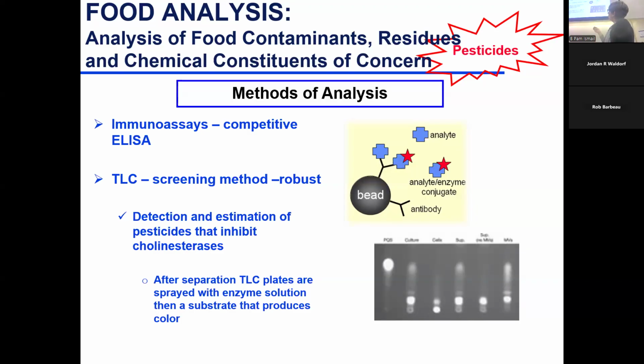So what they would do is you run your TLC, you spray it with the enzyme solution, and then you add a substrate. Wherever you have enzyme, you see color. When you have a pesticide, you don't see the color because the pesticide inhibited this enzyme. So that's how it works.